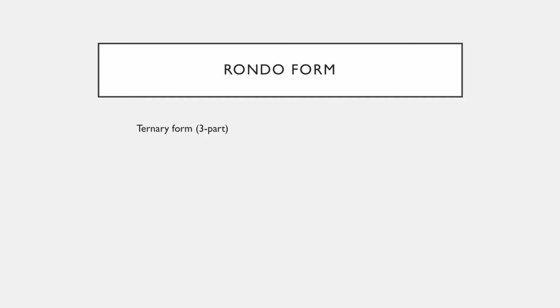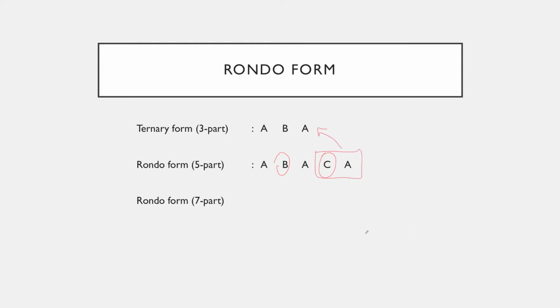We learned the ternary form. This is a 3-part structure. Then we have 5-part rondo form and 7-part rondo form. The ternary form is ABA. 5-part rondo form, as we saw in the previous slide, is ABACA. This is like an addition to the ternary structure. And 7-part rondo has one more addition.